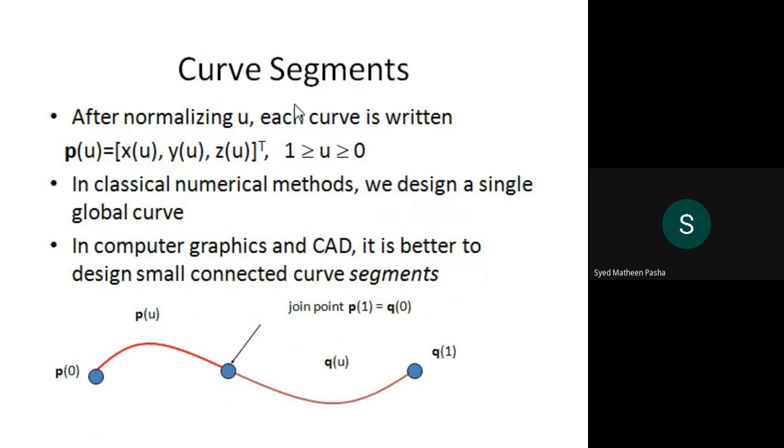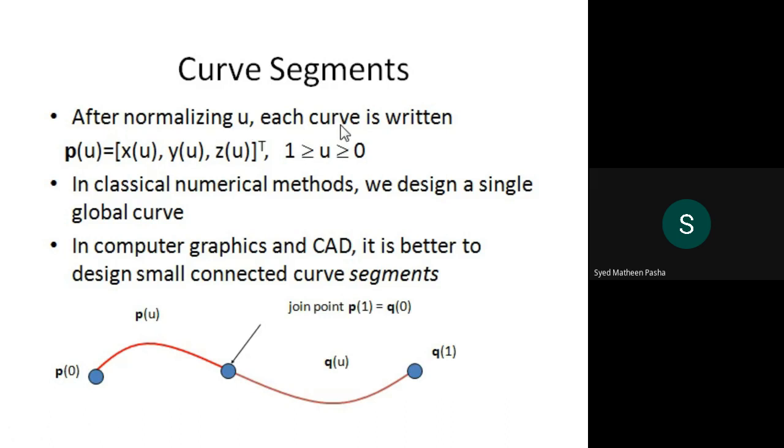Now comes the actual topic, that is curve segments. So what are these curve segments? Now we studied parametric curves as well, how parametric curves are represented and all. So keeping that as initial knowledge about curves, we will start with what curve segments are. In curve segments, basically we will be normalizing some terms, that is, you are initializing some values to u and then you represent the curve.